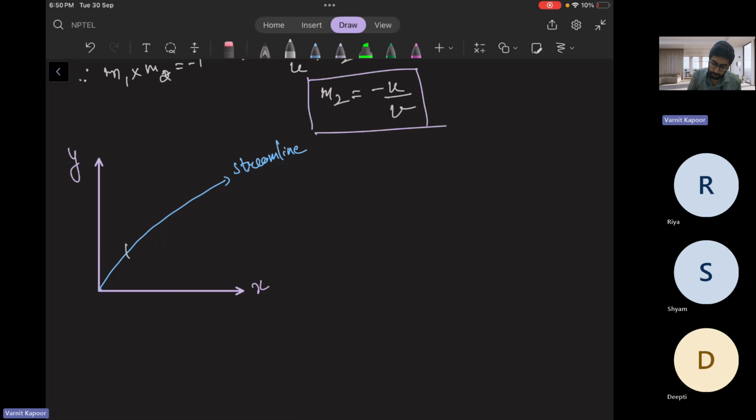We know that the stream function is the same, psi and psi, so d psi is 0. And if I draw projections over it, this is dy, this is dx. My d psi is 0.